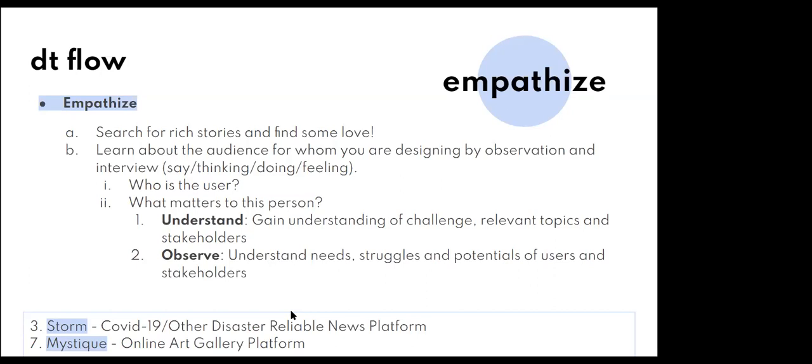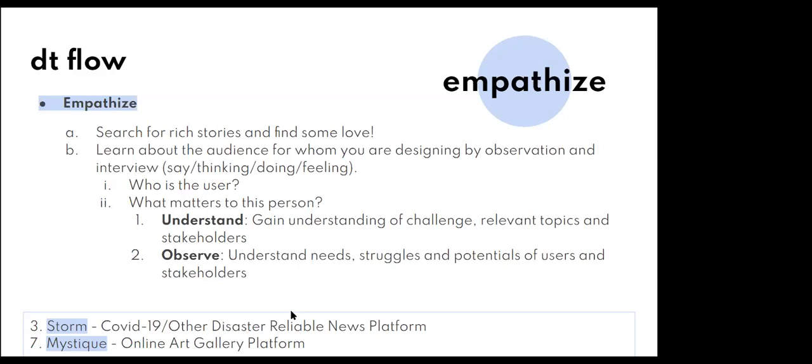And in that observation and interviews, we're looking at not only what people are saying, but what they're thinking when they say this. What are they physically doing when they're saying this? Some people are fidgety when they respond. Some people look down when they're saying certain things. Some people get angry. What is the embodiment of their response? And also, what's the feeling associated with what they're saying?